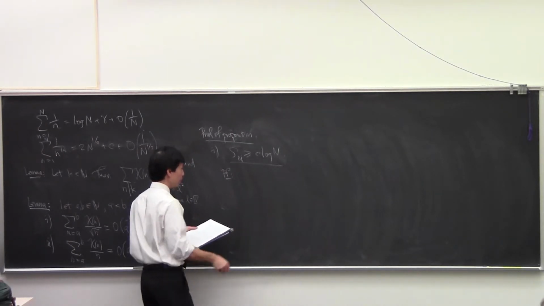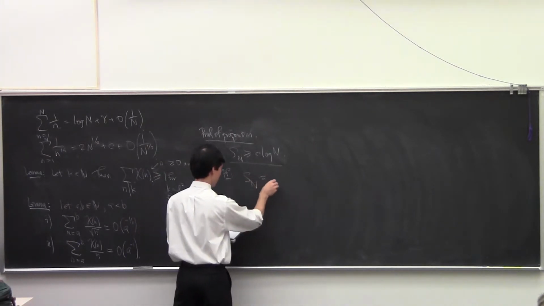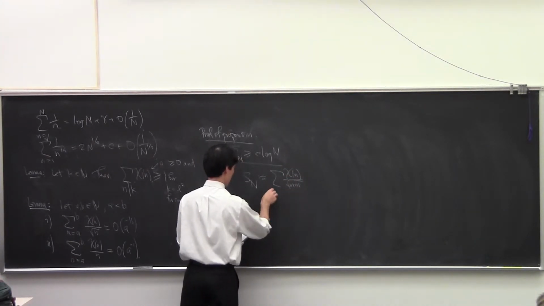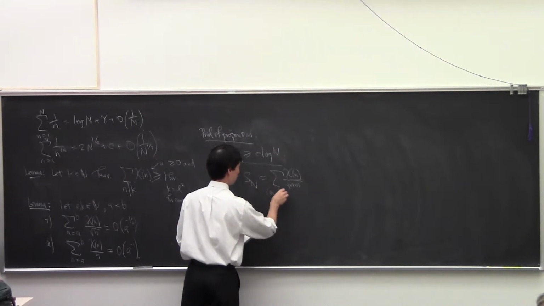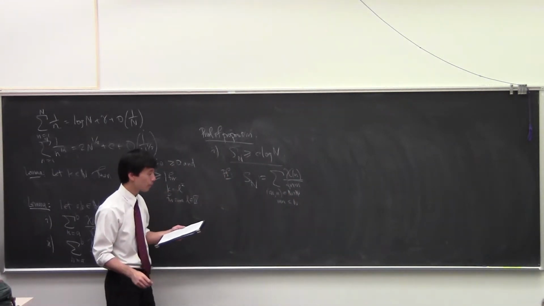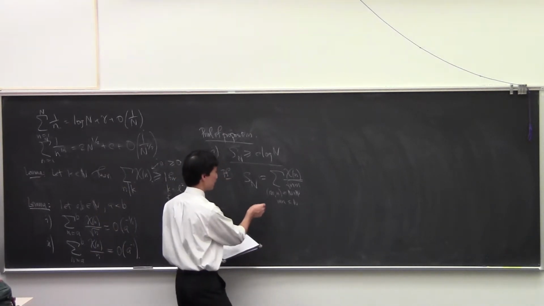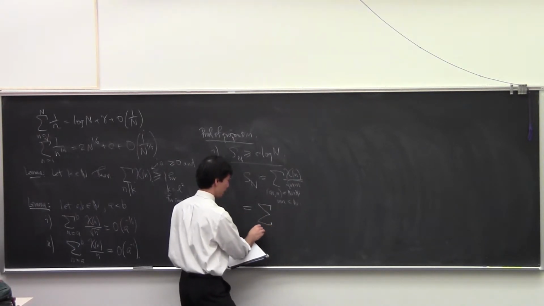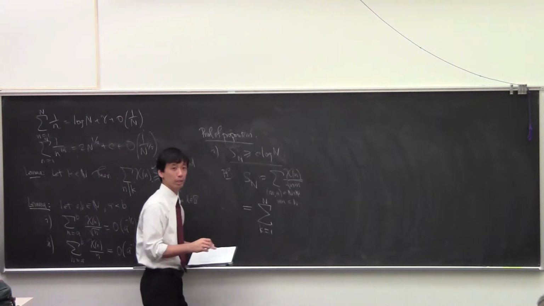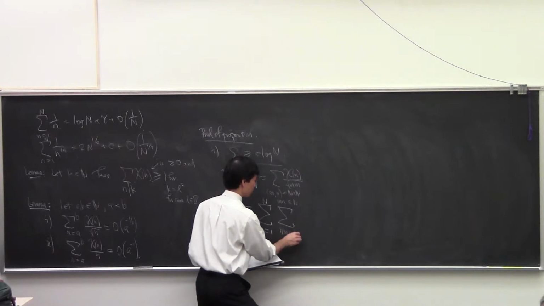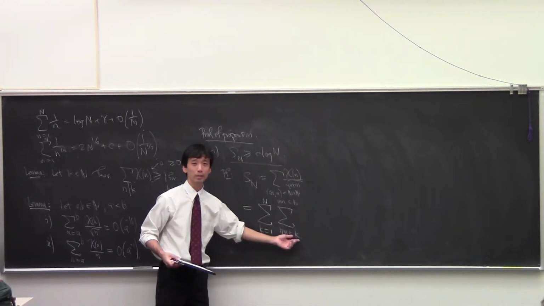So here's the proof. Sn is the summation over m and n in N cross N, with mn at most capital N. And so we sum along hyperbolas. We let k range from 1 to n, and we sum along hyperbolas indexed by this k.